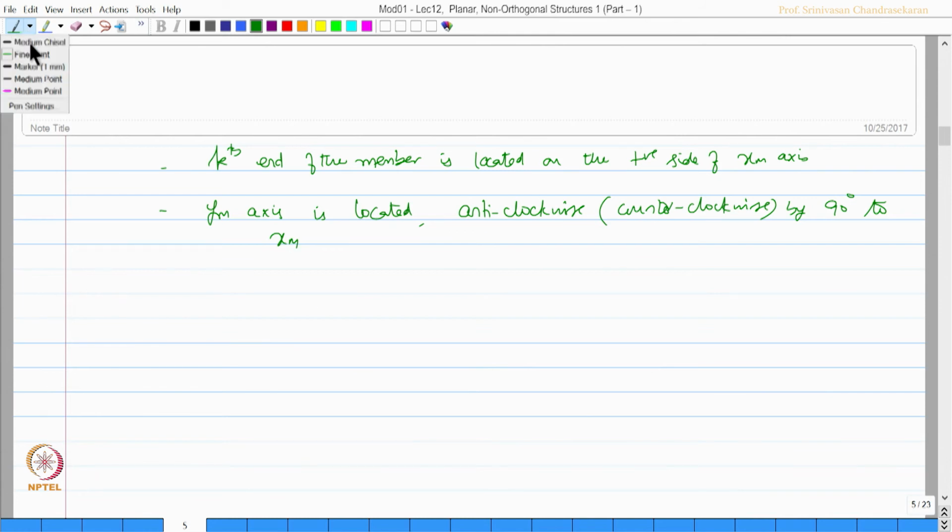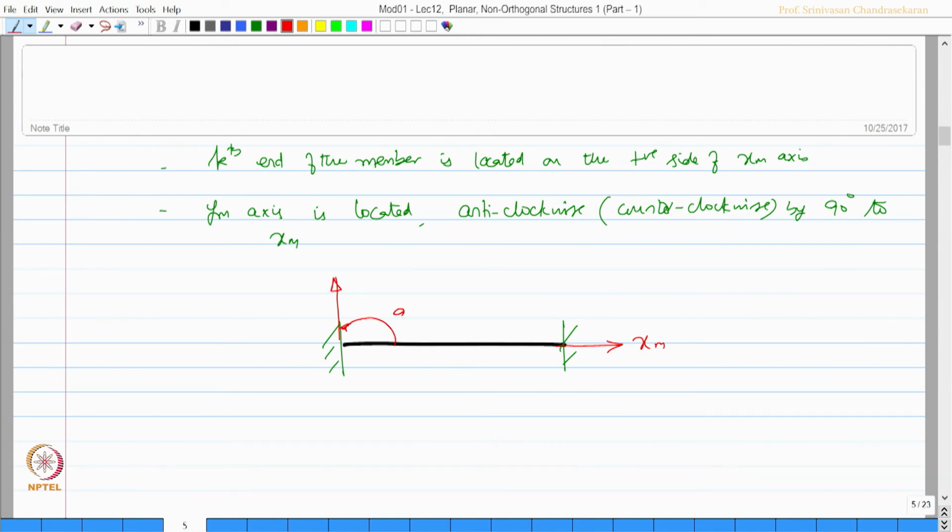So, let us again draw a member. This is my member, these are the fixed supports of the member. I am marking XM and YM here, which is 90 degree anti-clockwise with respect to XM. So, this becomes my jth end, this becomes my kth end.